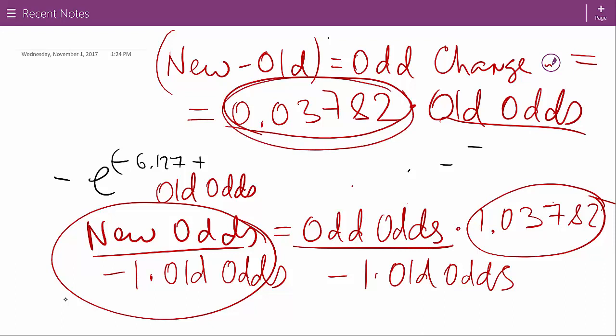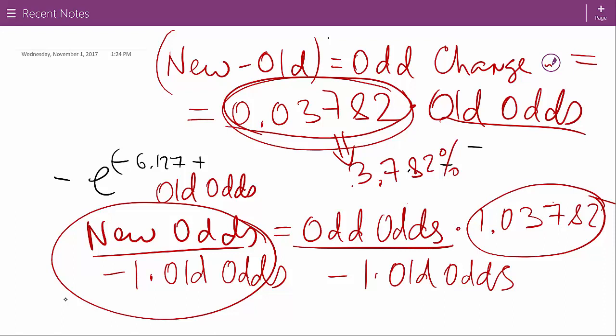What percentage does that correspond to? 0.03782 corresponds to 3.782%. Agree? If 0 is 0% and 1 is 100%, then 0.03782 is 3.782%.